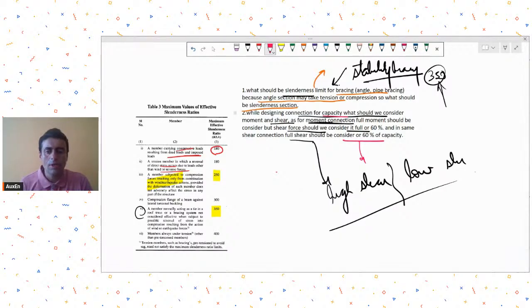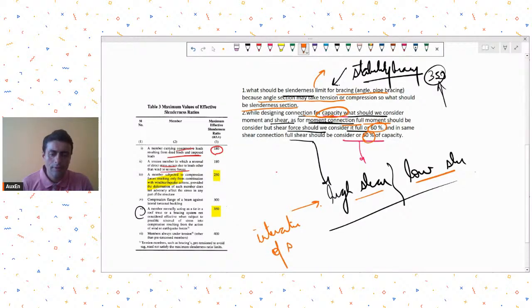But let's say you are adamant and you want to design it on the capacity level, then you go for the full moment, full shear. Do not be confused with the 60%. See, the 60% is a design criterion to account for the combined interaction of shear and moment acting together, and that too is only in the British standard, from where it was taken into the Indian code.